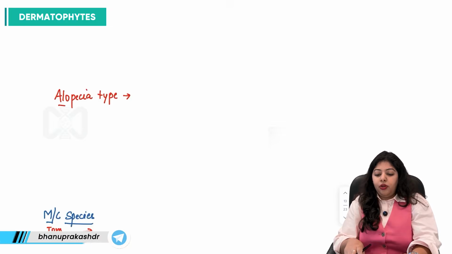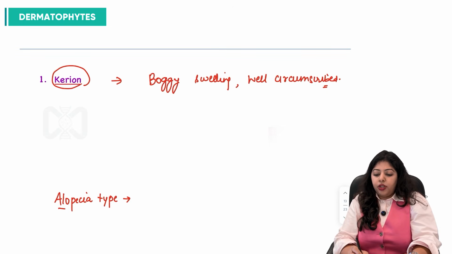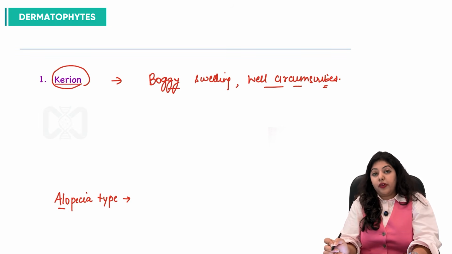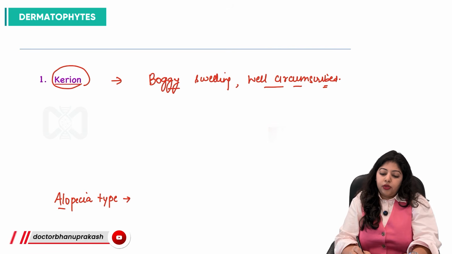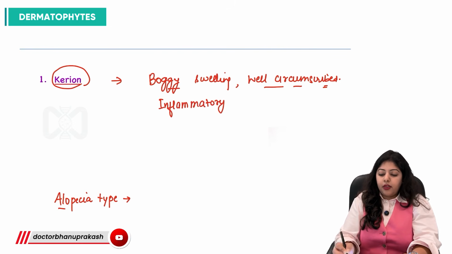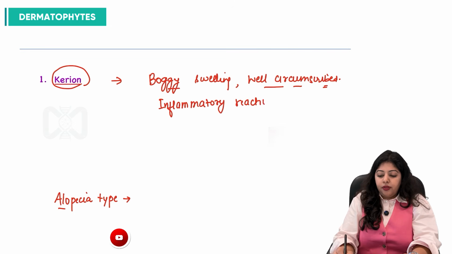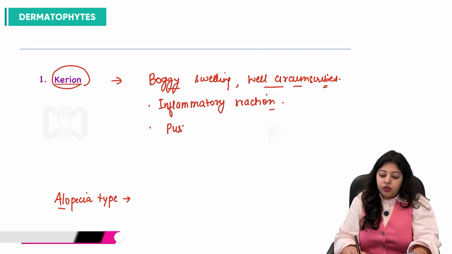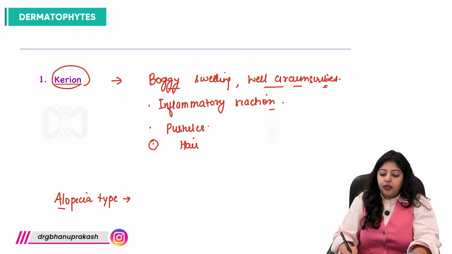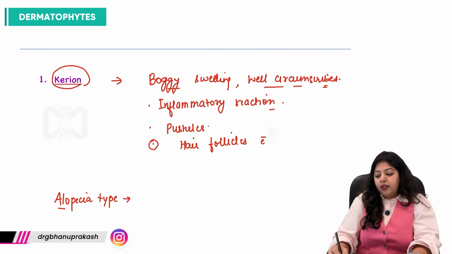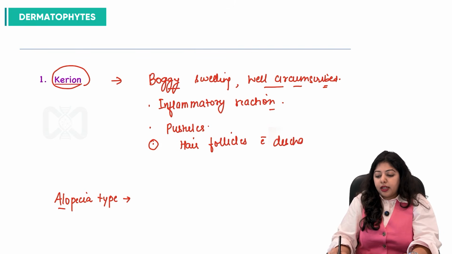So in Kerion, there is going to be a boggy swelling which is well circumscribed, and a lot of inflammatory reaction. It will have pustules, and the hair follicles can be seen discharging pus.